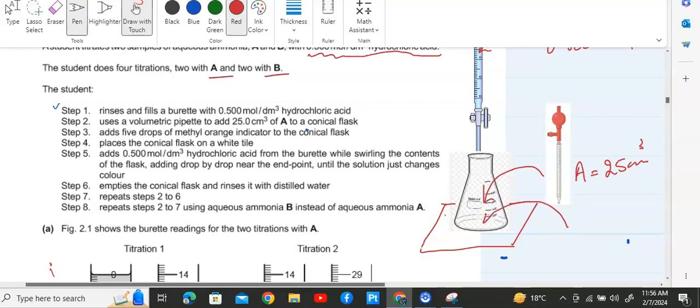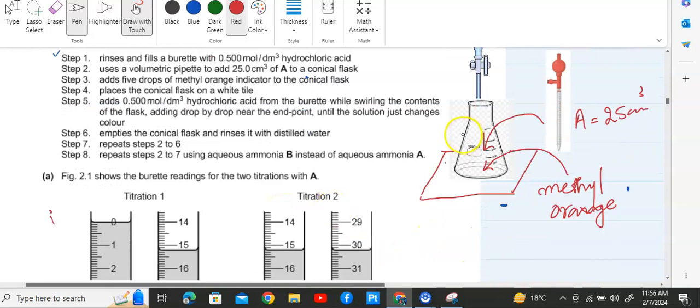You have to add indicator to it, which is methyl orange. And I know you already know that methyl orange in alkaline media is yellow in color.